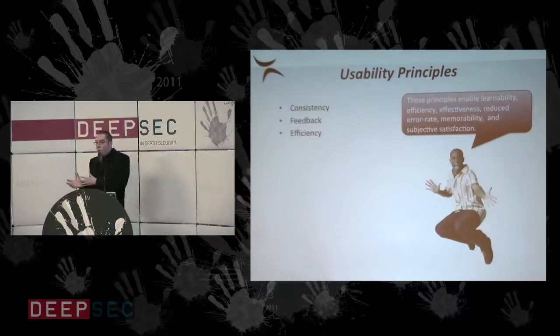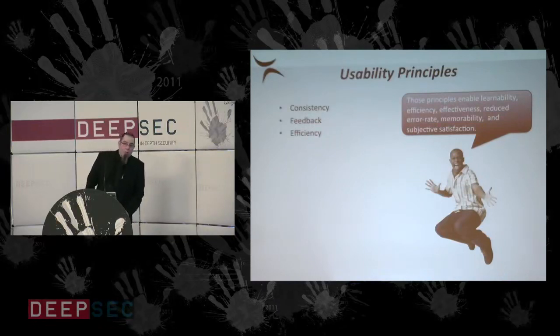For another end user group, for example, if you develop for your own community, for developers, then maybe boosting the efficiency principle is a very good idea. If you want to do a personal firewall for the Aunt Annies of the world, then maybe learnability would be the thing to maximize and not efficiency.